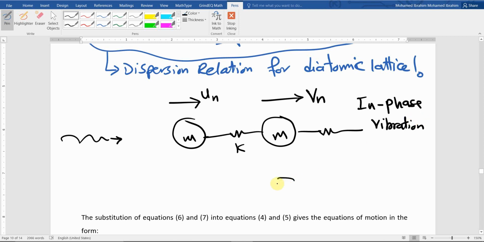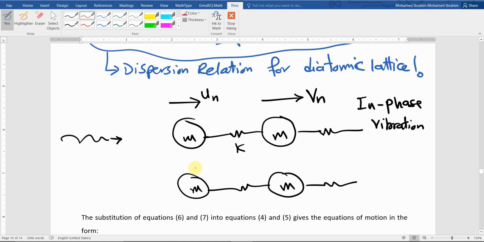The other option for the vibration of these 2 atoms: we have one atom M and another atom M here. Let us make them identical, since we have identical masses. So these are the 2 atoms, with a spring here and the other spring. But in this option, un goes in this direction and vn, for some reason, goes in the opposite direction.